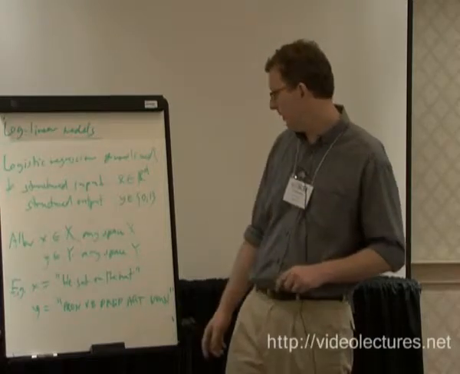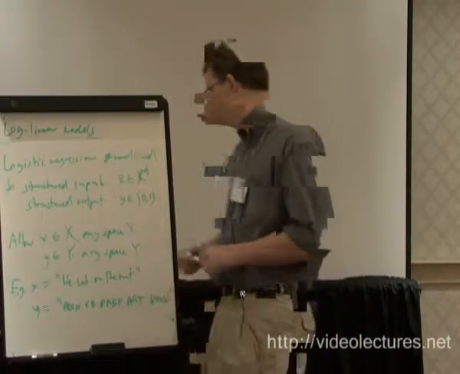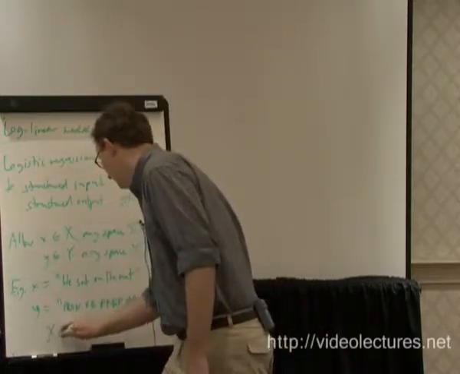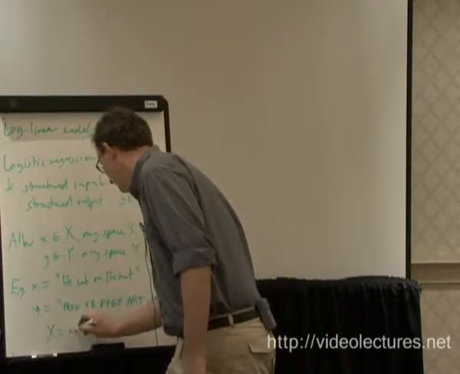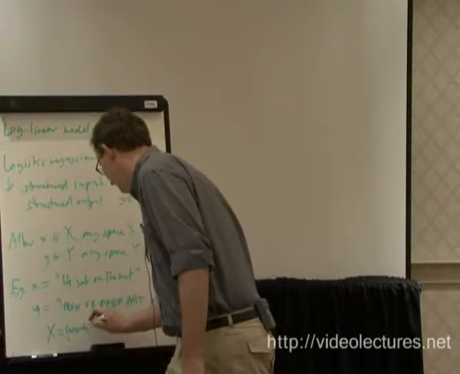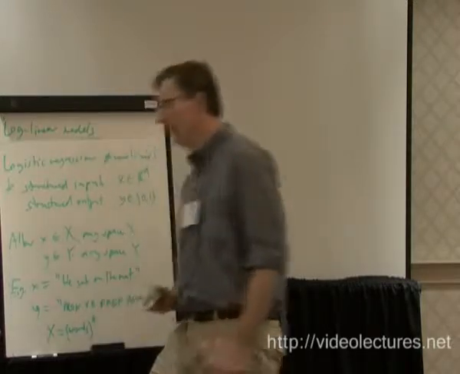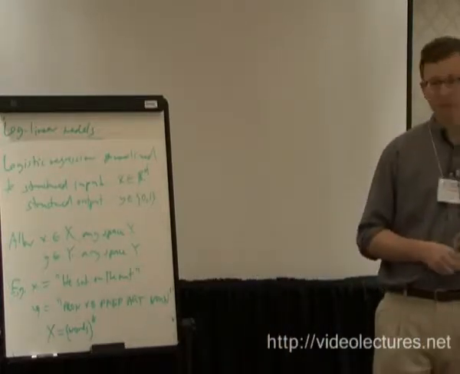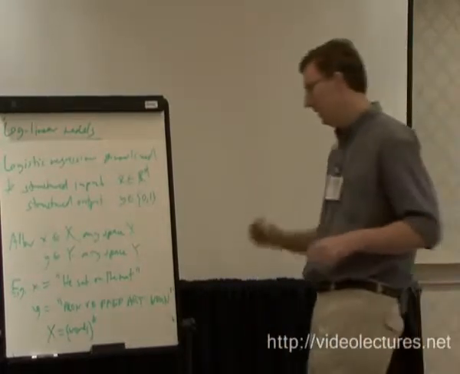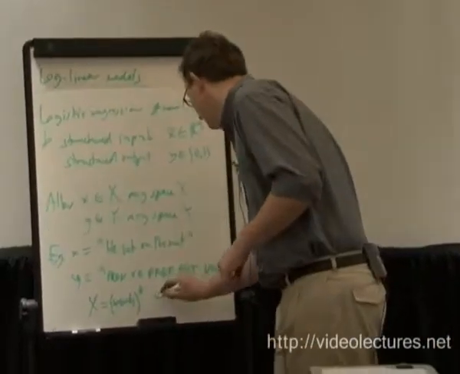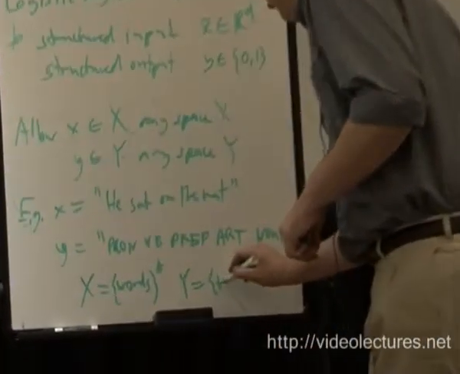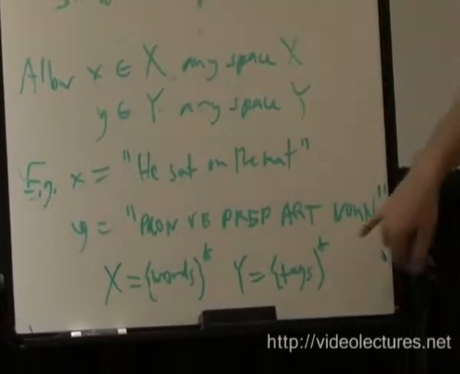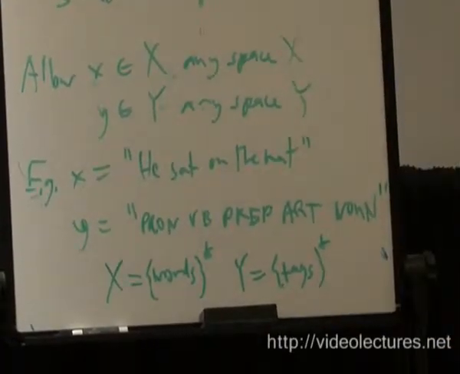Here the set X might be the set of words, and then the star, the set of all sequences of arbitrary length. And same thing for Y, it's the set of tags, star. So this is language notation.